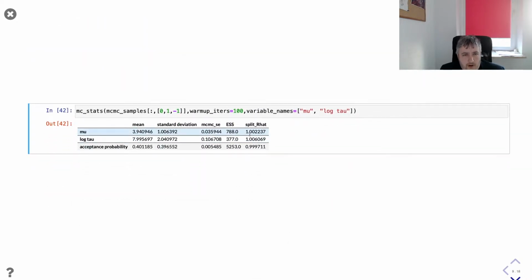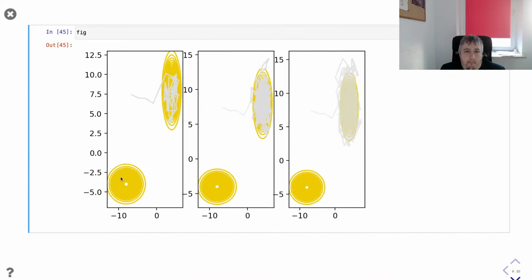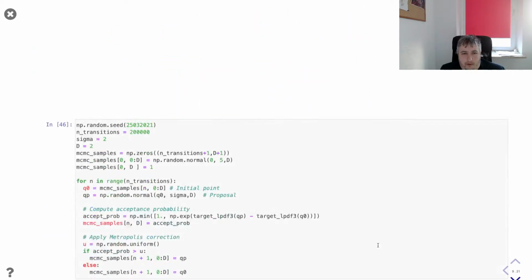We can get some information and our chains just look reasonable. But the behavior of the distribution is that we just started here during the warm-up, and then we started exploring only one mode.